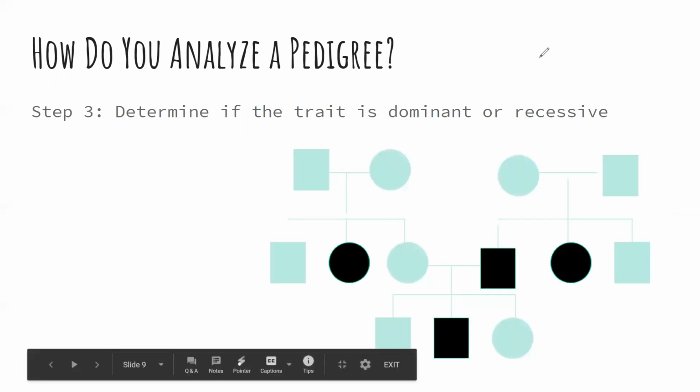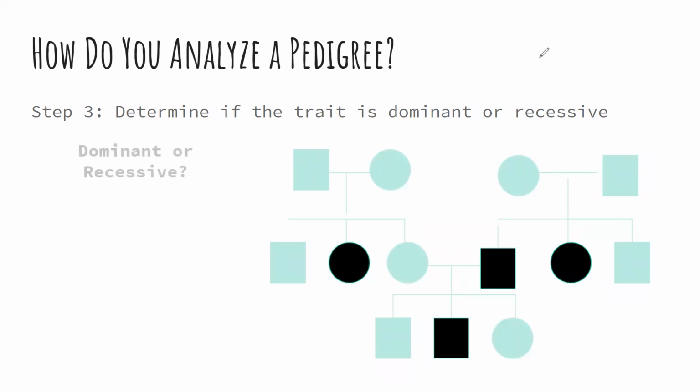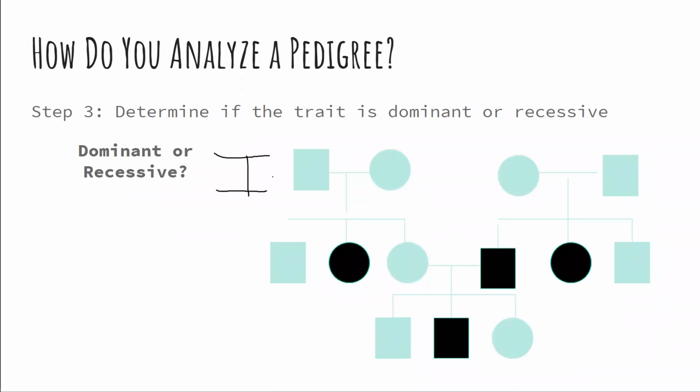Okay? So let's determine whether this trait on this pedigree, whatever trait we're talking about, is dominant or recessive. Does this trait show up in every generation, or does it skip a generation? This is generation 1, generation 2, and generation 3. So, did it show up in every generation or did it skip a generation or two?